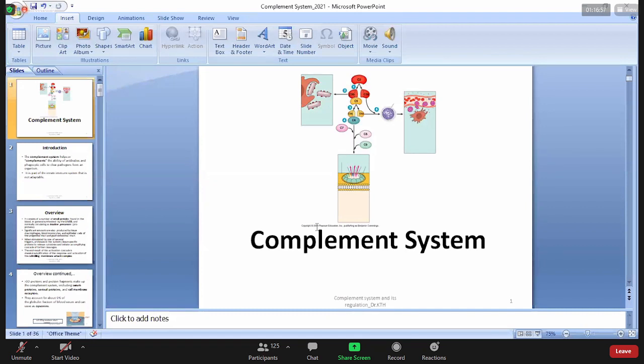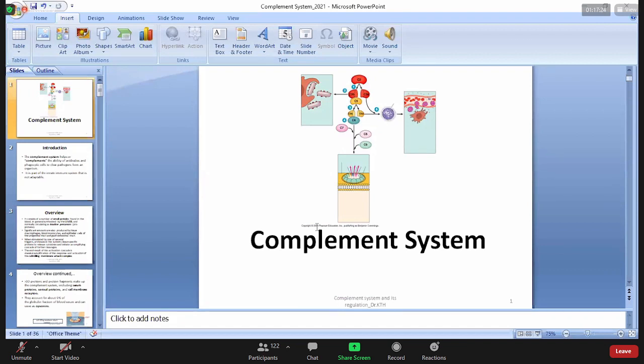Good afternoon, doctor. I was inquiring on how the membrane attack complex works. So the membrane attack complex is a cylindrical molecule. It's like a spear. Okay. So because it is like a spear, it literally pierces the cell membrane.